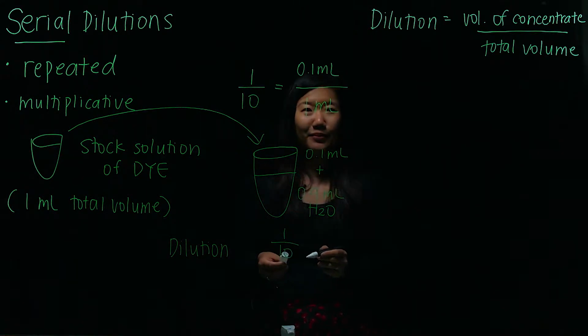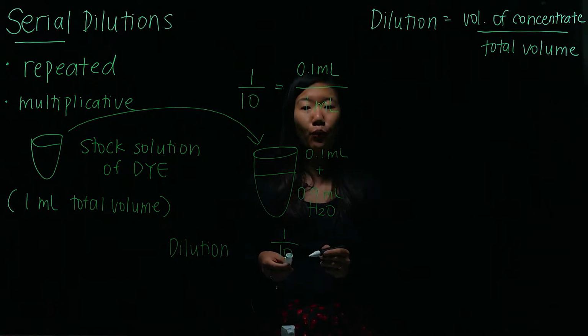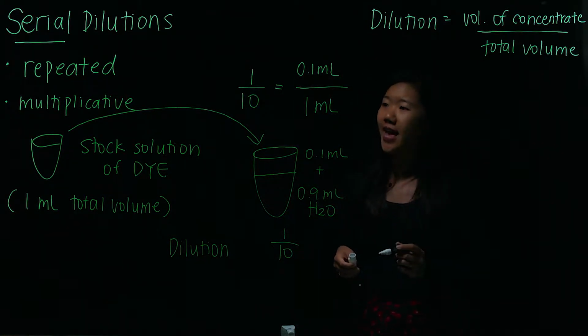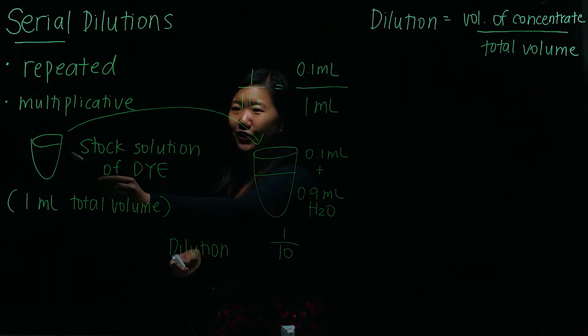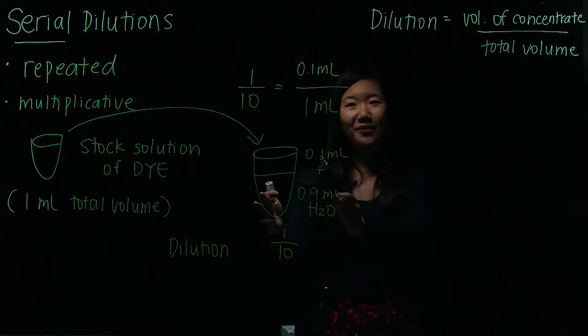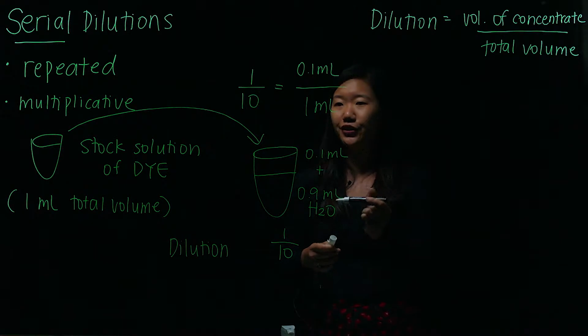By serial dilutions, we mean that we're going to do these dilutions repeatedly, and typically it's by the same dilution factor. So if we were to make another 1/10 dilution, it would be a very similar strategy, except instead of taking the concentrated solution from the initial stock tube, we're going to take the volume of the concentrate to be our 1/10 dilution.